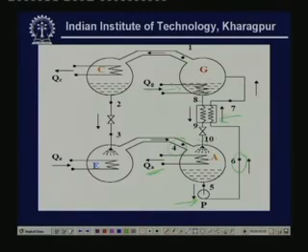As a result of this heat supply, refrigerant is separated from the solution. So, refrigerant at high pressure and high temperature goes to the condenser.